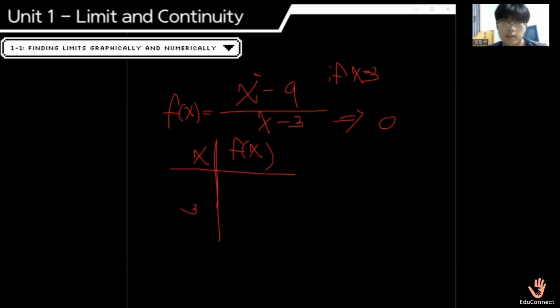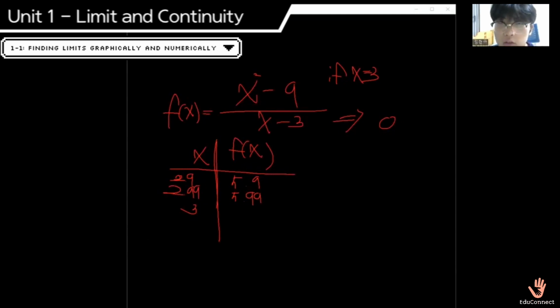So now as x approaches 3 from the left, we can let x equal 2.9. Now, if I plug 2.9 into our function, we get 5.9. Now, if I let x equal 2.99, once again you're getting closer and closer to 3, we get 5.99.